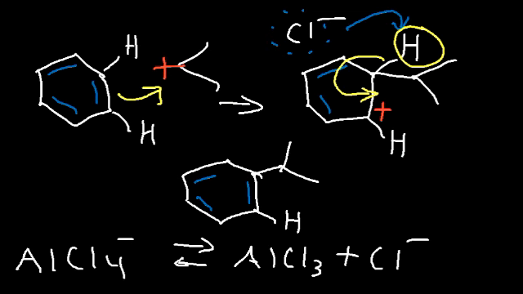Notice that for EAS reactions, a plus charge is going to be on the ring. You're going to have an intermediate that has a plus charge. For some nucleophilic aromatic substitution reactions, a negative charge can be placed on the ring, specifically the one that is associated with the Meisenheimer complex, which we'll talk about later.